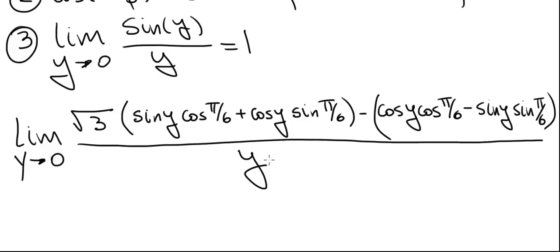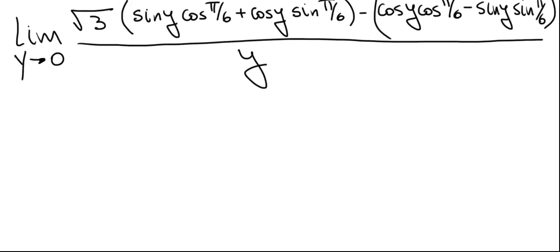Now remember that cosine of pi over 6 is square root of 3 over 2, and sine of pi over 6 is 1/2. Let's substitute that, and we end up with the following limit as y approaches 0.